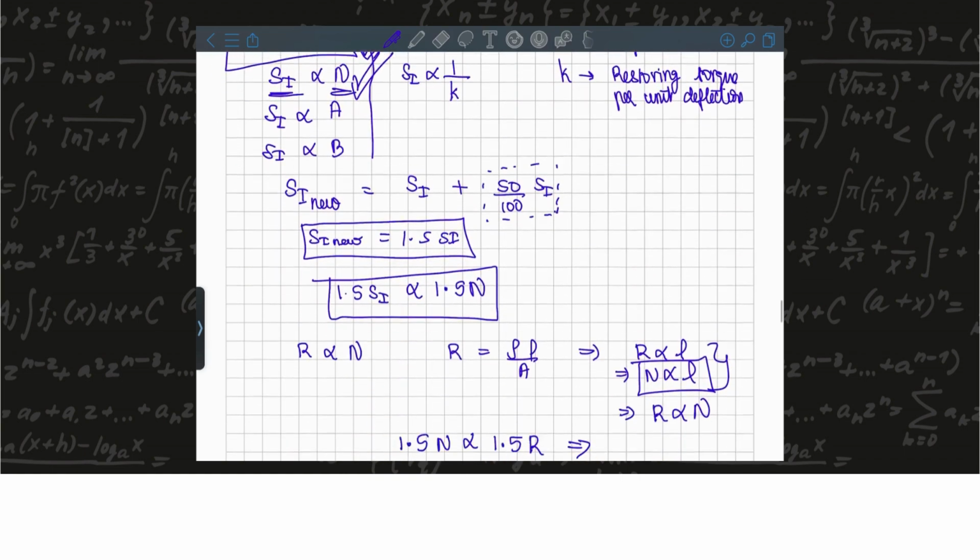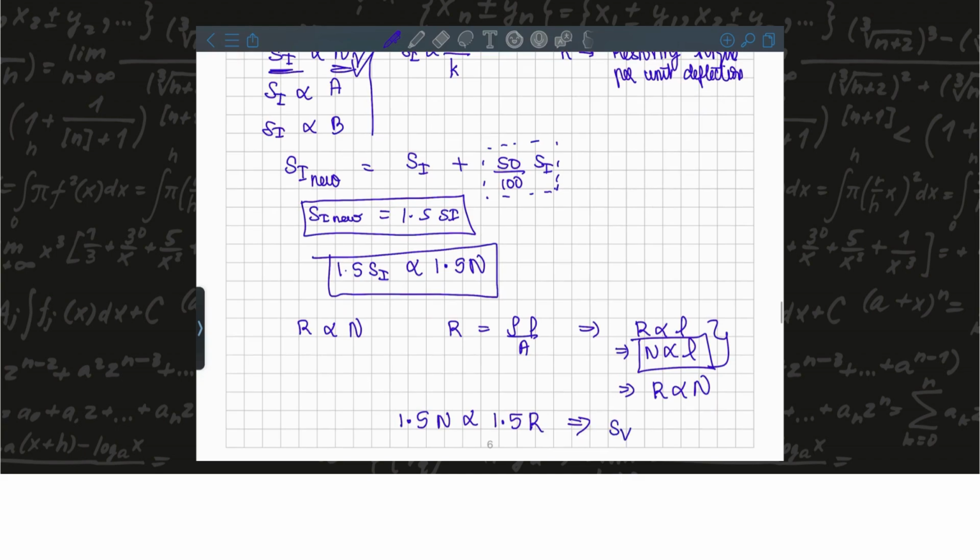So writing that here, SV new, because they are asking us to find out the change, right? So SV new is equal to SI new divided by R new.